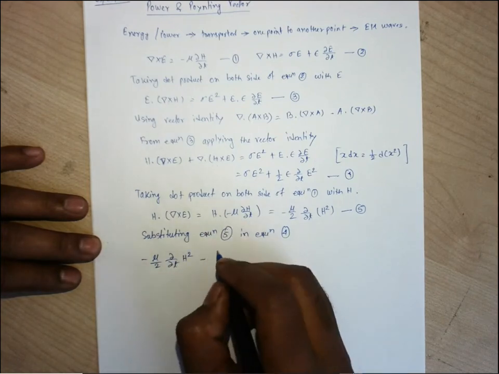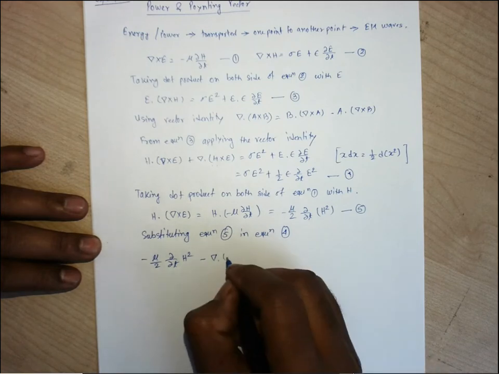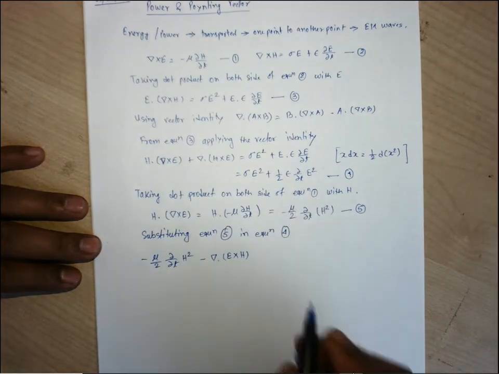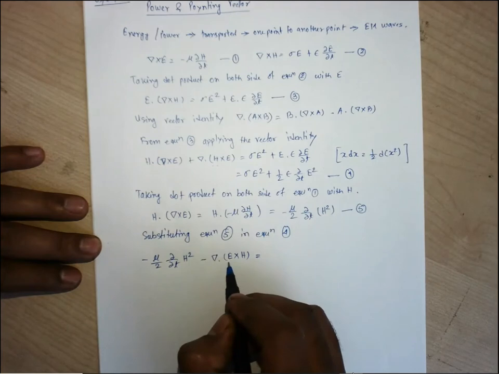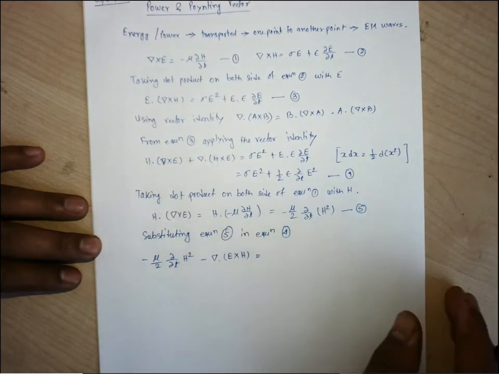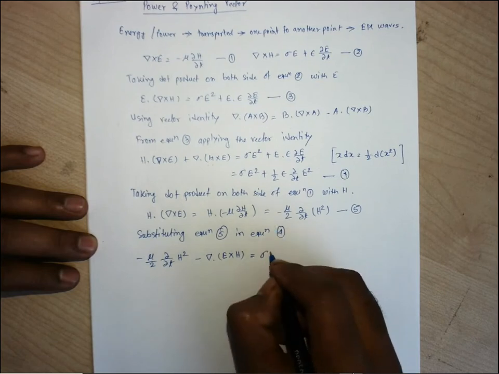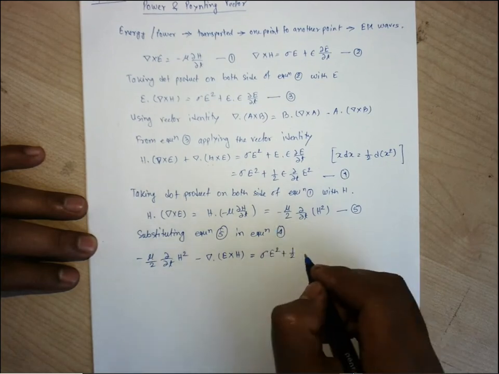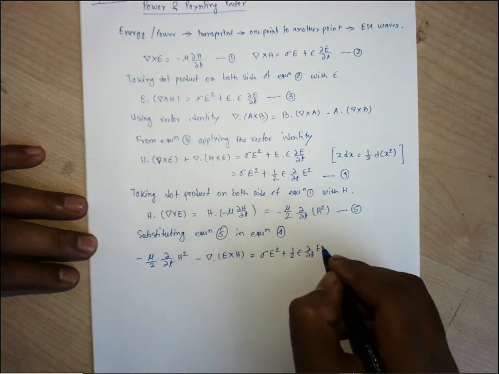We write it with a minus because we are going to take E cross H rather than H cross E. Here it is H cross E, and we have written E cross H, that's why the minus is there. The remaining part stays the same: sigma E square plus half epsilon del t of E square.